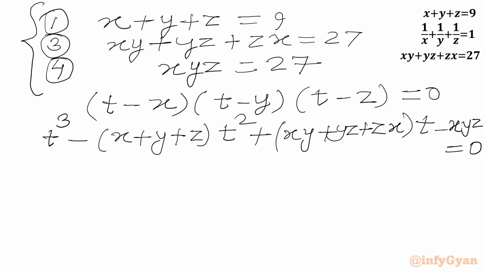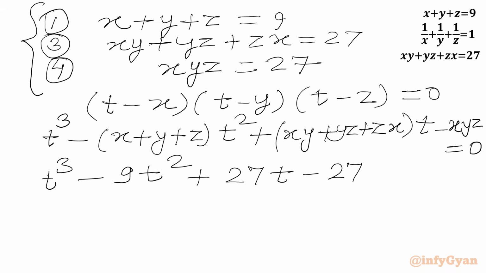So sum of roots, sum of roots taken 2 at a time, product of roots. We will put all the values here and get one cubic equation: t cube minus 9t square plus 27t minus 27 equal to 0.